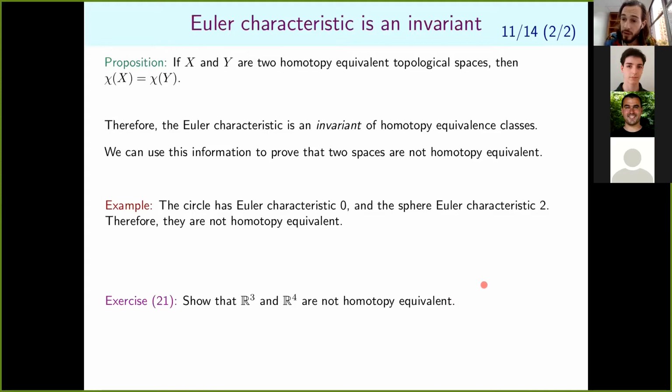Thanks to this notion of Euler characteristic, you can show that the topological spaces R3 and R4 are not homotopy equivalent. This is something that we haven't been able to prove with the number of connected components, the other invariant we had in the homotopy equivalence classes.